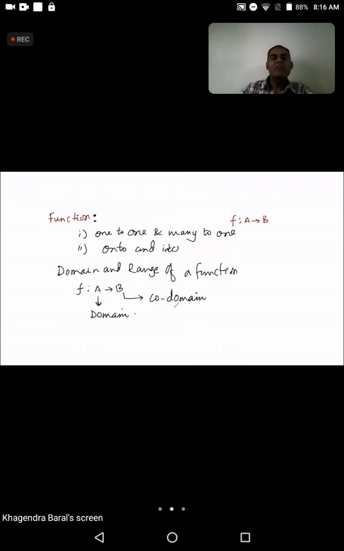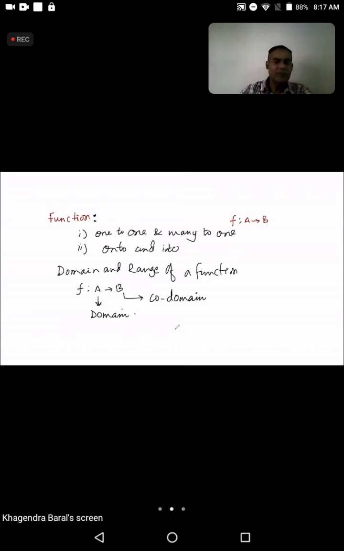The set of all the images of the elements of set A under the function f is known as the range, and that range is a subset of the codomain.